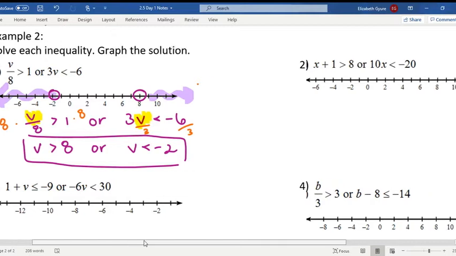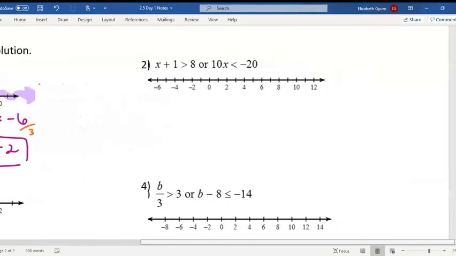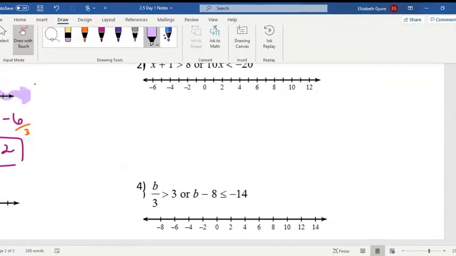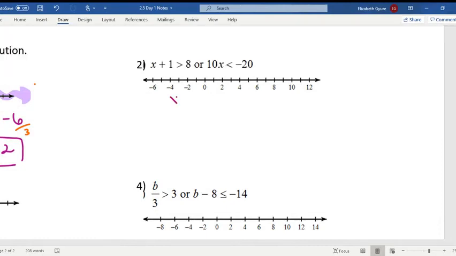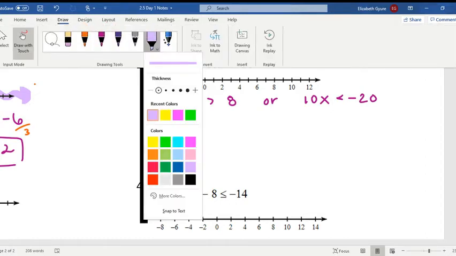All right, number 2. We have x plus 1 is greater than 8, or 10x is less than negative 20. So focus on one first and then the other. If you have x plus 1 is greater than 8, we want to get our x all by itself.